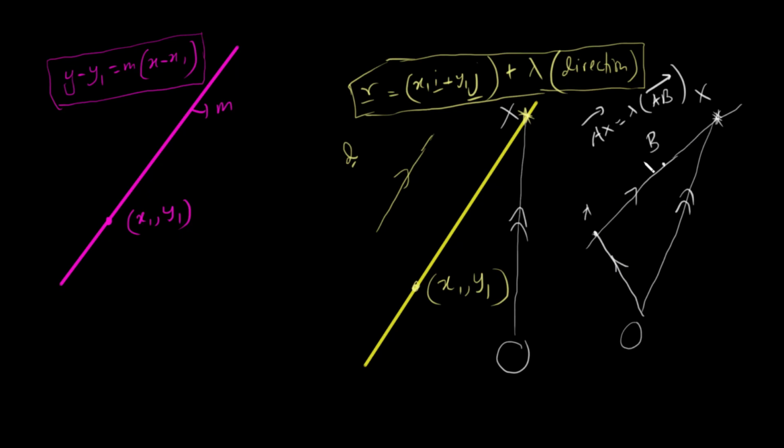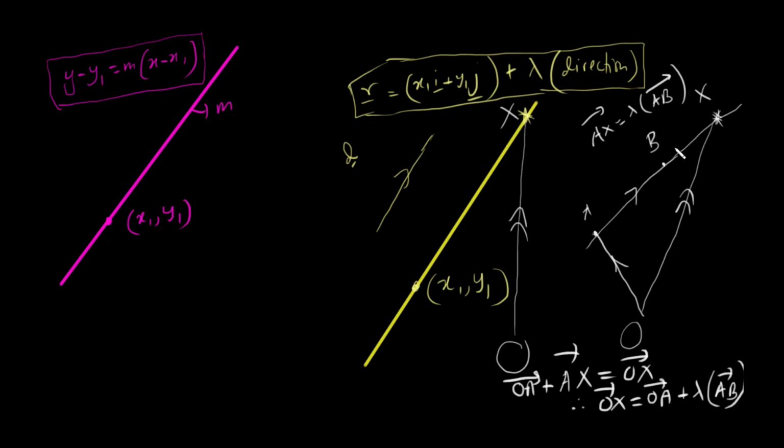By this clockwise anticlockwise rule, if we add AX and OA together, that will be equal to OX. So therefore, we can write OX equals the position vector of the first point plus lambda AB, because AX is basically a location far ahead of A, in the same direction as AB. So it is lambda times the direction vector, and that is the idea.